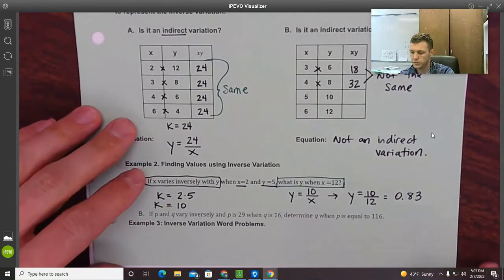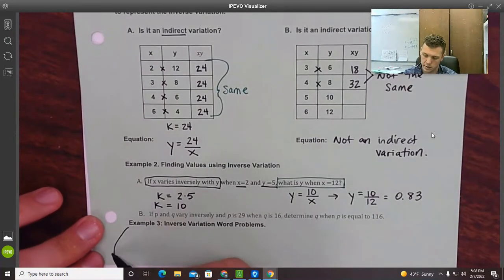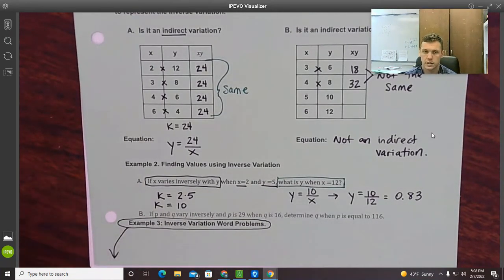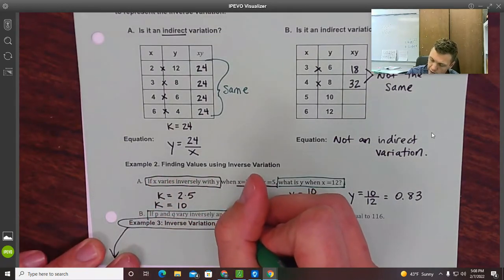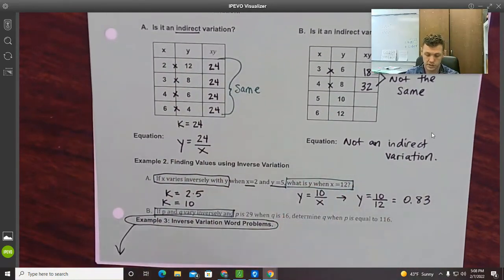All right, sorry, example 3, there was a little issue, so this is just going to go to that next page. So we'll just kind of work around that. So I need to fix that. All right, so this one says if P and Q vary inversely. That just means that this is true, that we can write an equation. Okay?